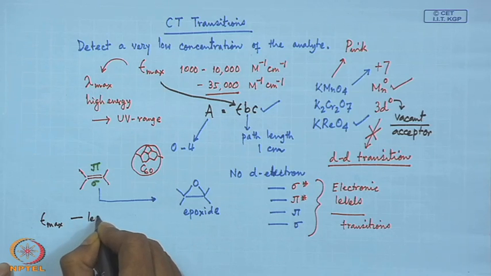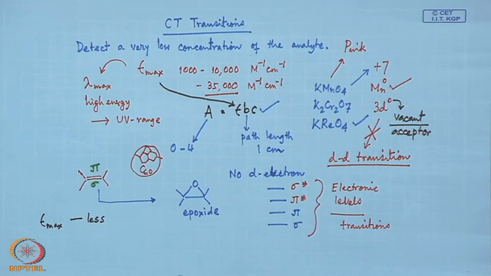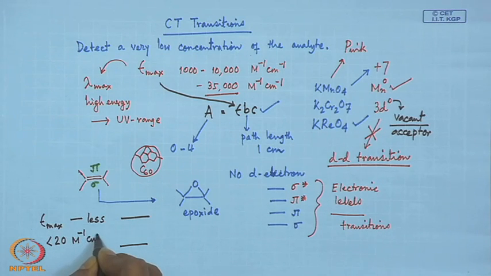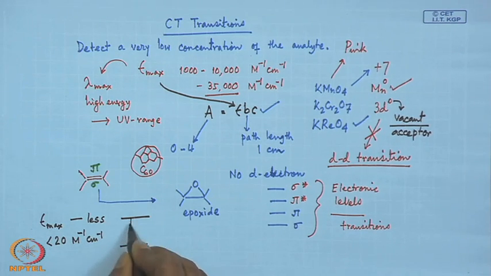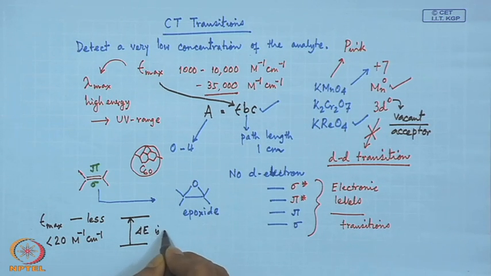So it is sometimes very difficult when the epsilon value is around 20 or less per mole per centimeter for a typical transition where the delta E value is very small.